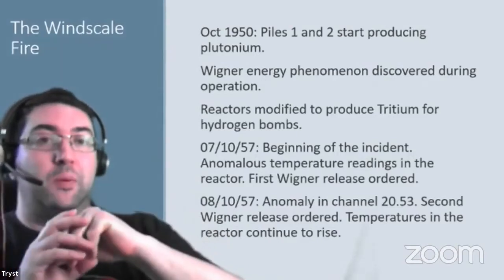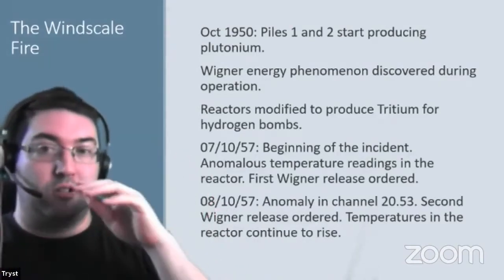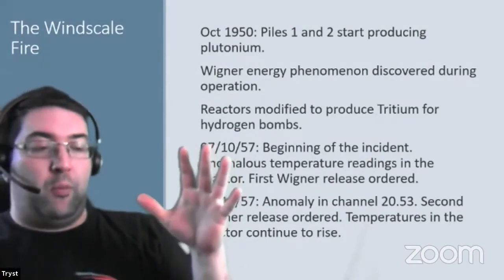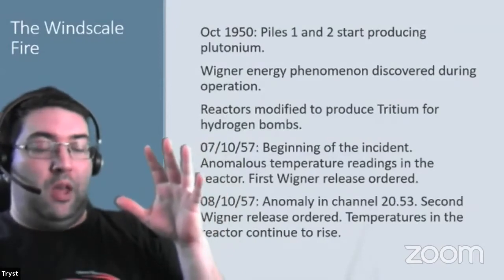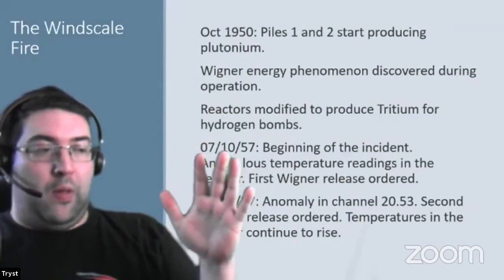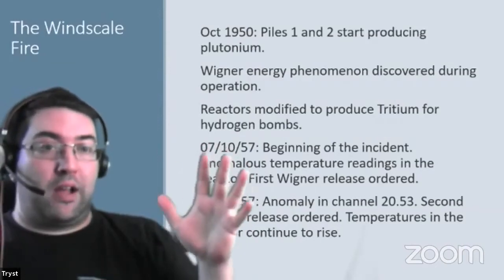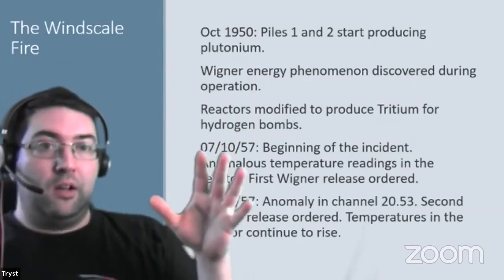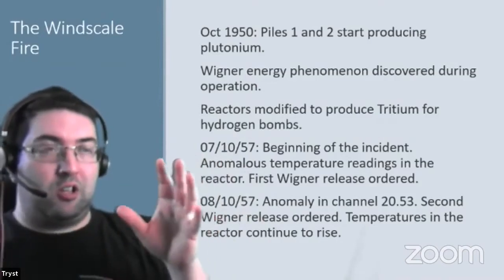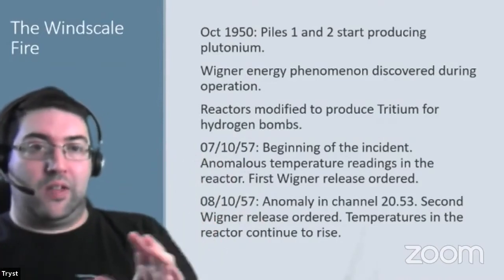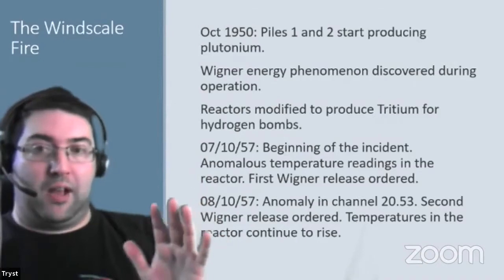So there's this energy being stored in the carbon inside the reactor core. And what could happen was that it would build up, and then it would suddenly release all this stored energy in one go, and the reactor core would get hotter in really disorganized, anomalous ways, and that could cause bad things to happen to the reactor.